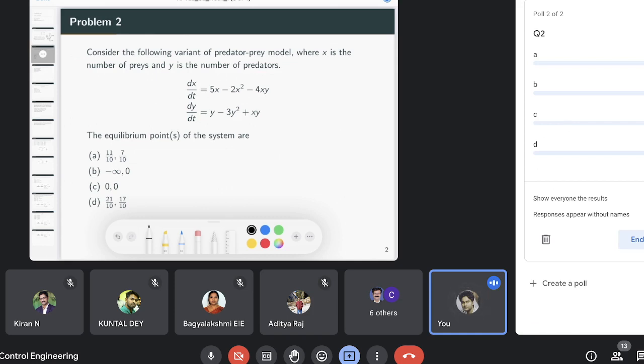You can answer through the poll. If you have any doubt regarding the question, you can ask.